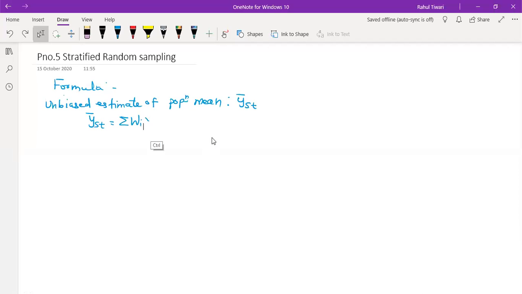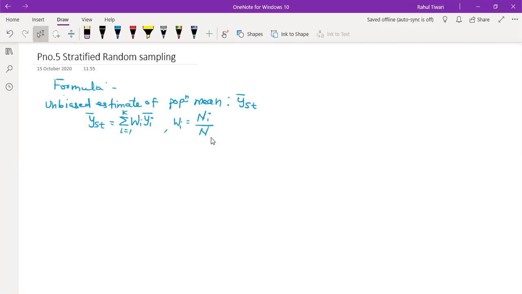Sir, y i bar will come. Huh? Small y i bar. Oh, yeah, right. Small y bar i. So this is the formula. i takes values 1 to k. And we know what is Wi. Wi is nothing but ni upon n.